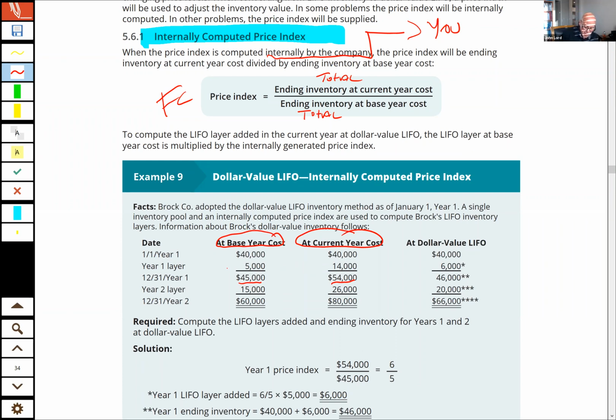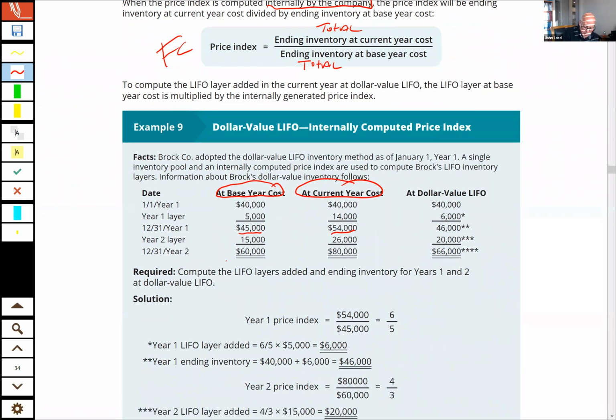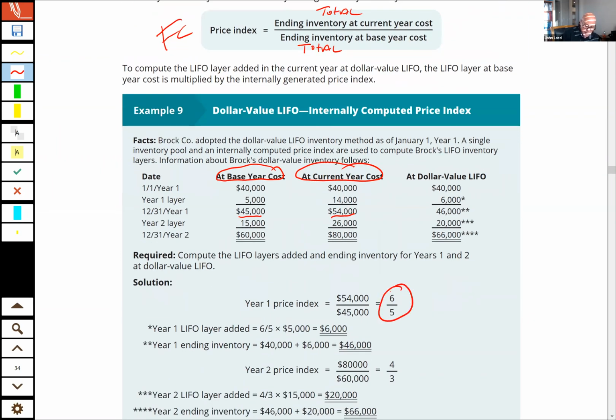And when you do that, you get the correct price index of 6/5. Then they have to give you what was the layer that was added this year at base year, multiply that by the index, and that brings the layer that you added this year to current, and you add that to your beginning inventory at base. That gives you your dollar value LIFO.